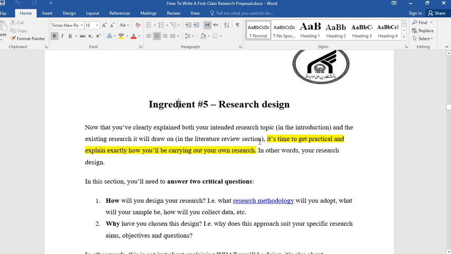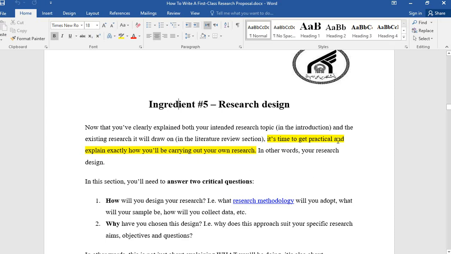So we said that in the introduction, we explained our intended research topic, what we are going to do, what is our purpose, what would be our research questions, what would be our research hypothesis, and the limitations of the study and definition of the key terms and statement of the problem. And in the literature review, we talked about the existing research that we will draw on.